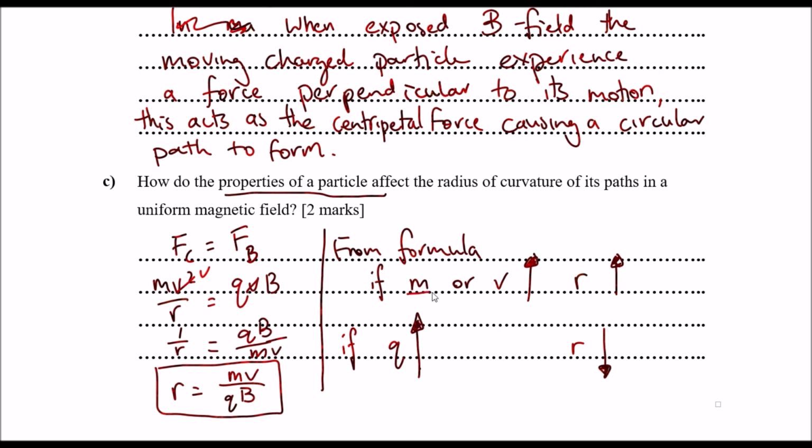If the mass of the particle or the velocity of the particle increases, then r will increase. The reason being is because m and v are directly proportional to r, while q is inversely proportional to the radius. So that's one way of approaching how to answer this question. So that concludes our response here.